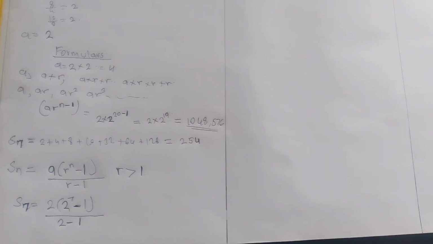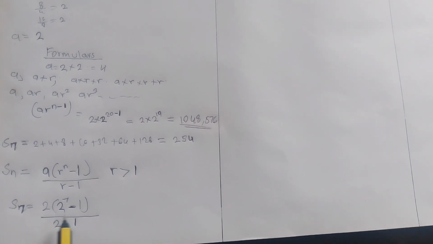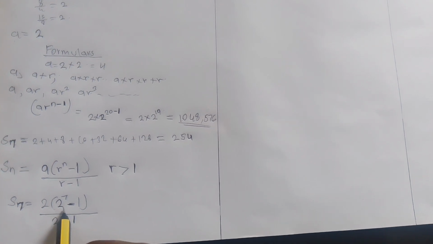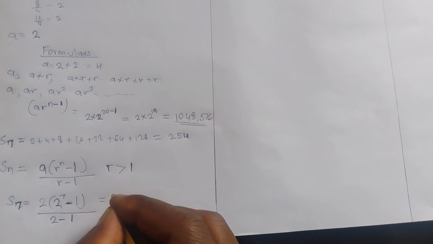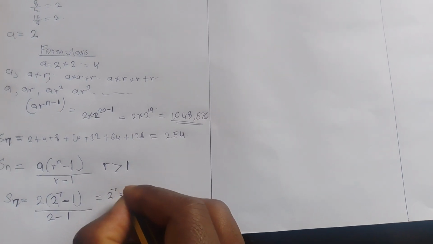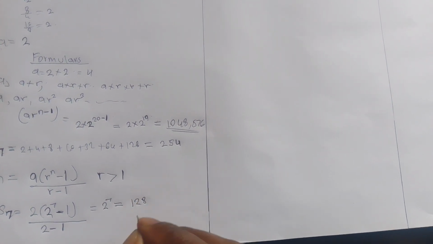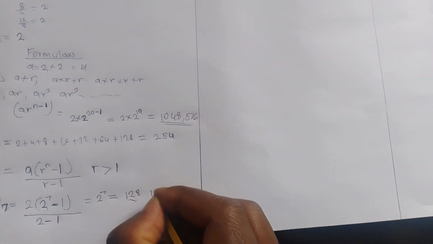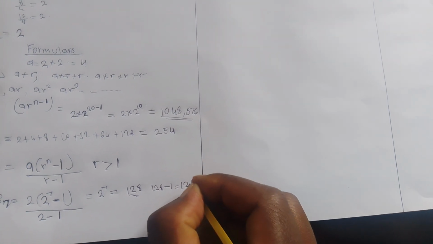So if you take this one, our 2 raised to power n minus 1, let's take 2 raised to power 7 will give you 128. So 128 minus 1 will give you 127.